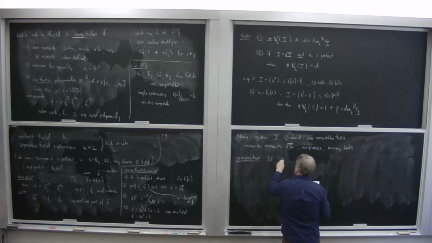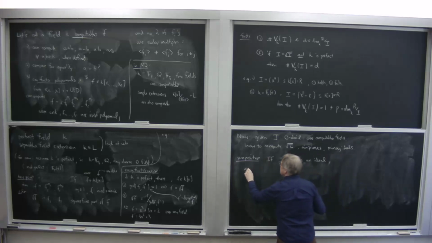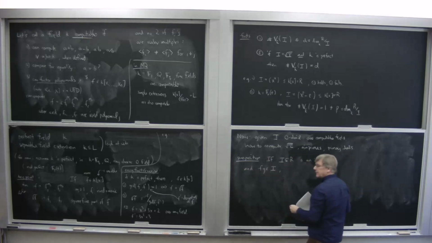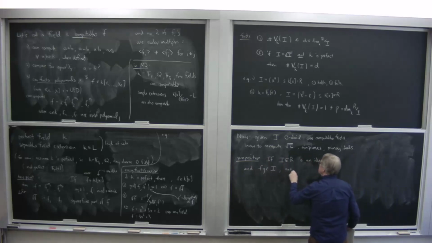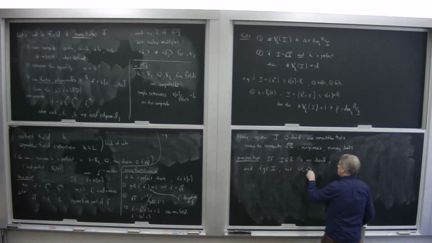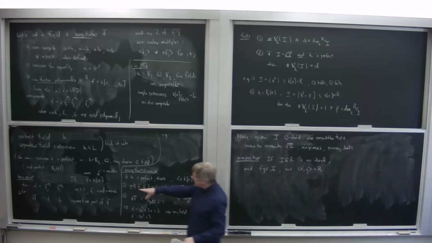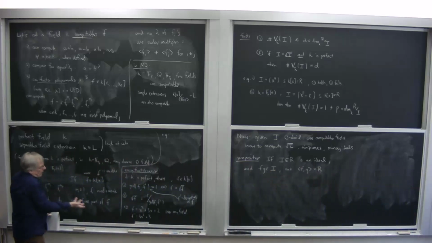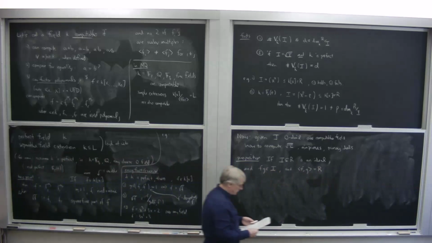If I is an ideal contained in R, and F times G is in I, I don't think we did this last time, and F and G are co-prime, meaning that the ideal generated by the two of them is R. That's not the same as taking X times Y, where the ideal generated by them is not the whole thing, but in the one variable case, that will be the case.